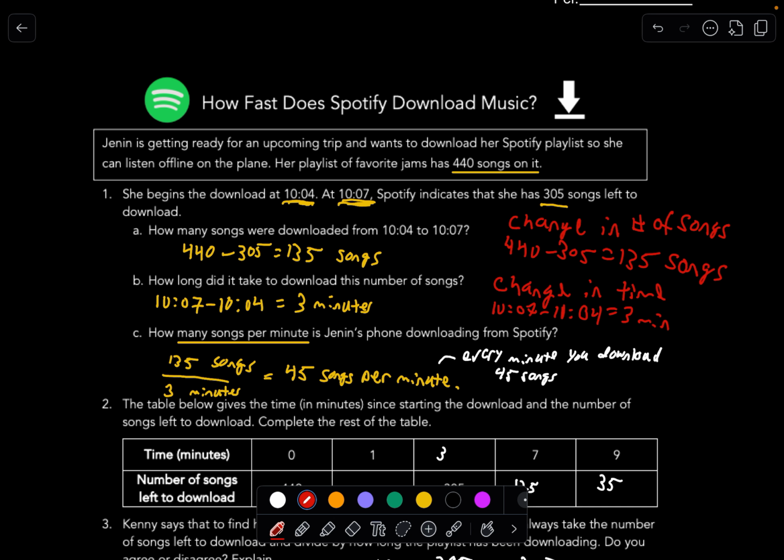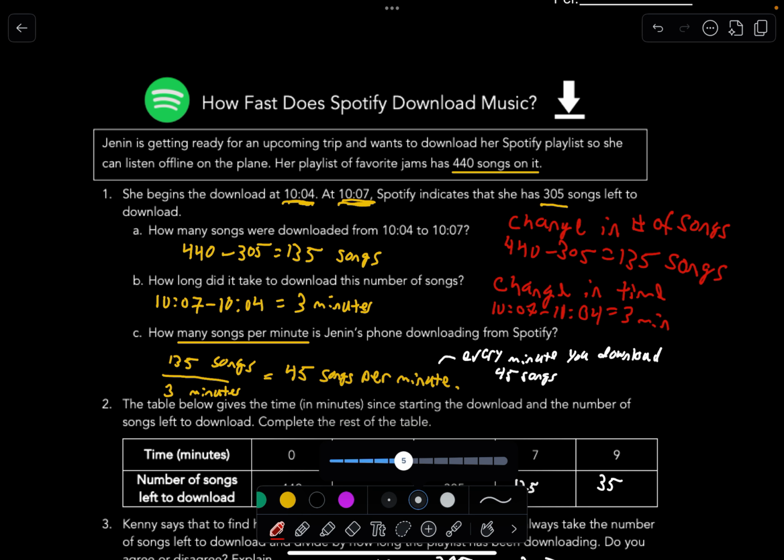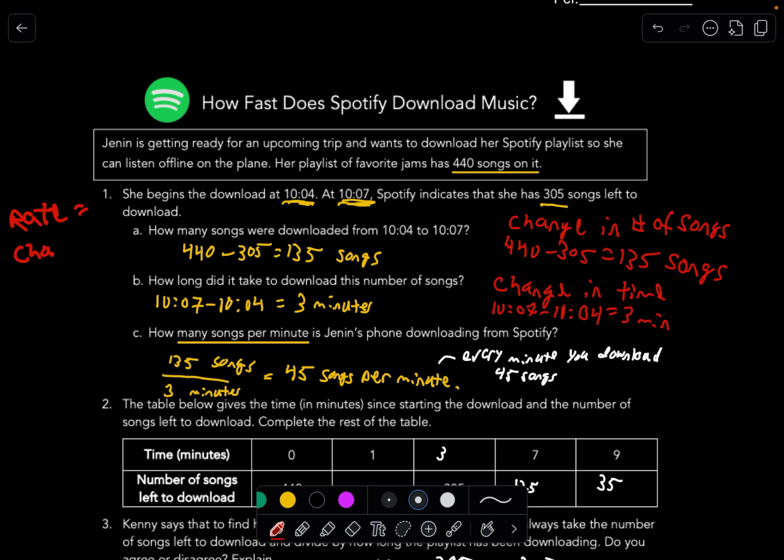Okay, so rate is equal to change in songs divided by change in time.